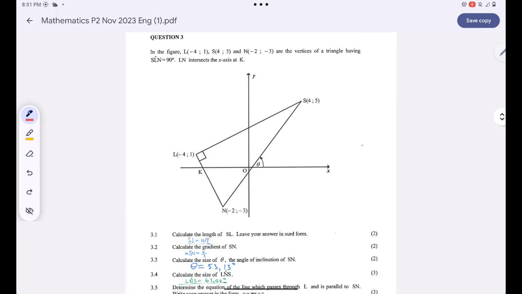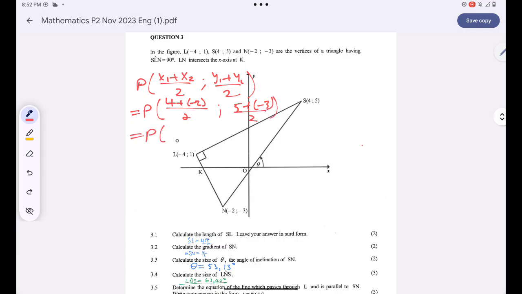So I'll simply say P is the midpoint of SN. I'll find it by saying x1 plus x2 over 2, y1 plus y2 over 2. Therefore P is equal to 4 plus a negative 2 over 2, and then I'll have 5 plus a negative 3 over 2.